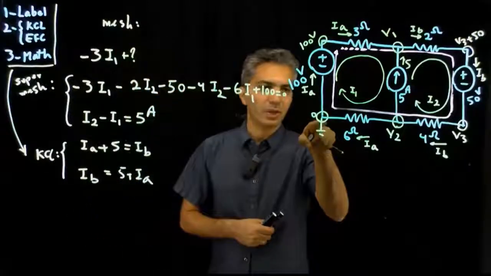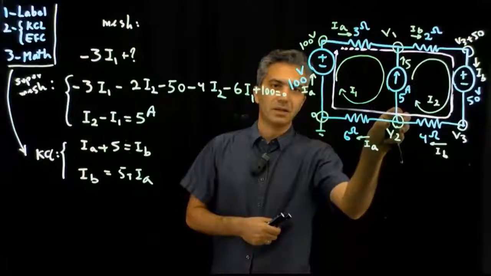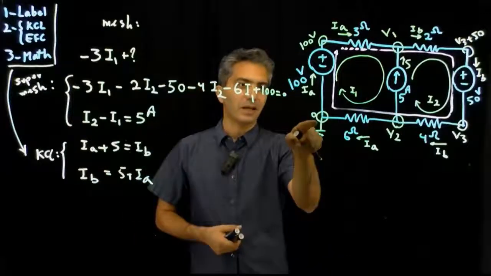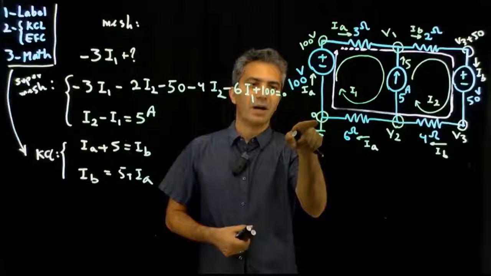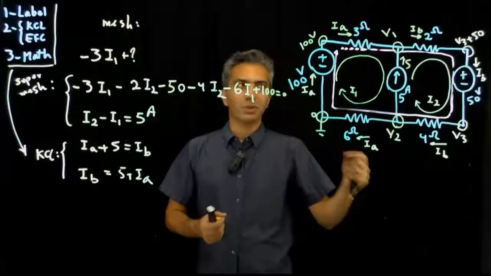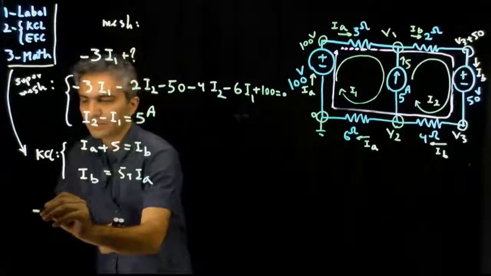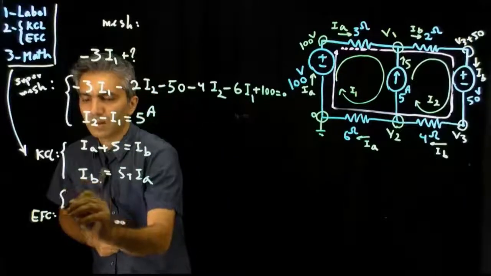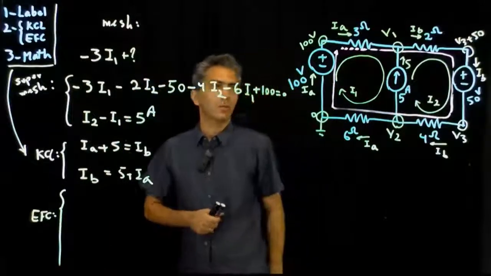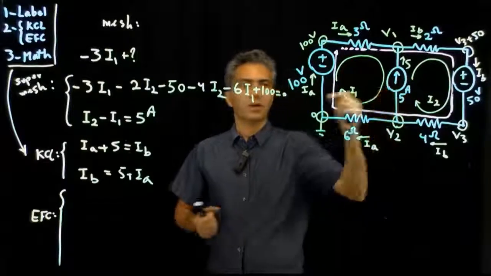So again, I could have called that IC as opposed to writing a KCL for this, then write KCL for that node, and the two KCL would have been different. But since I actually did KCL for that ground node, which I wouldn't normally do, the KCL for that node became redundant. So now, equations for components. I have 1, 2, 3, 4, 5, 6, 7 components. The equations for the voltage sources and the current source are all done.